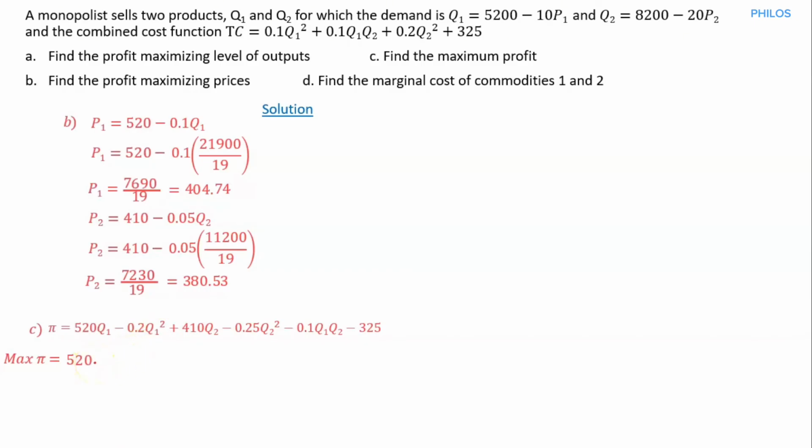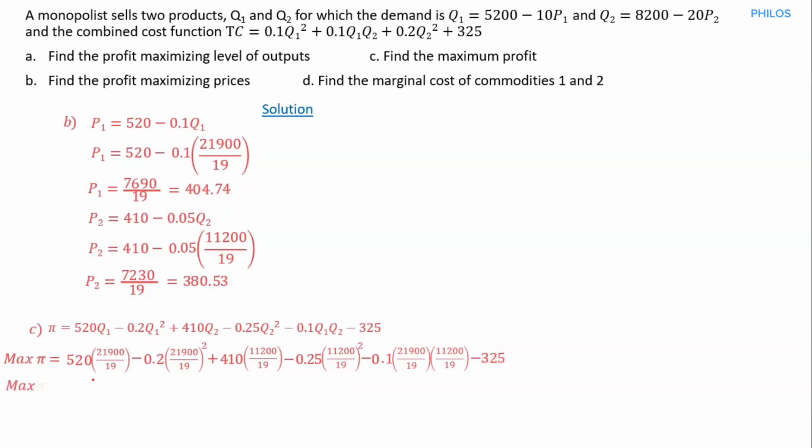Our Q1 was what? 21900 divided by 19 minus 0.2 Q1 squared plus 410 Q2, which is 11200 divided by 19, minus 0.25 Q2 squared, then minus 0.1 Q1 multiplying Q2, then minus 325.